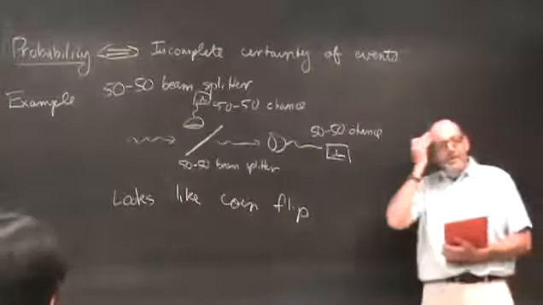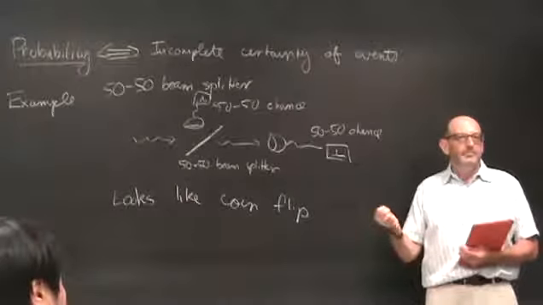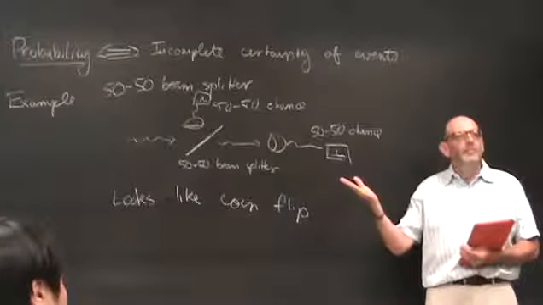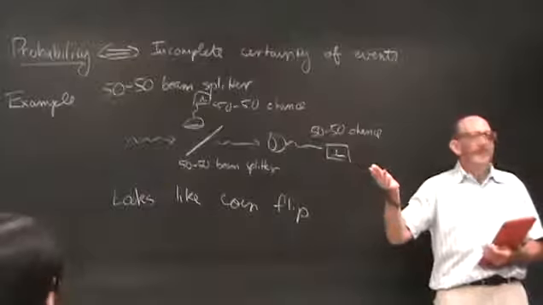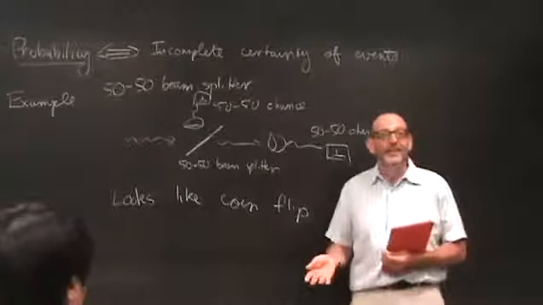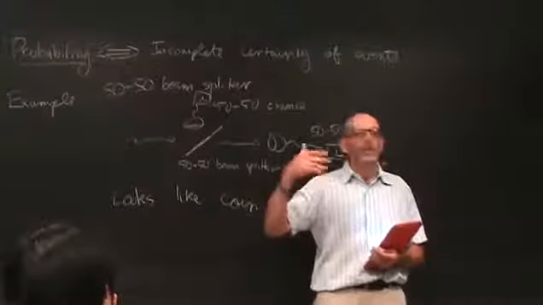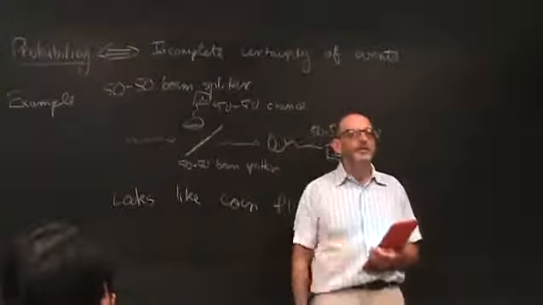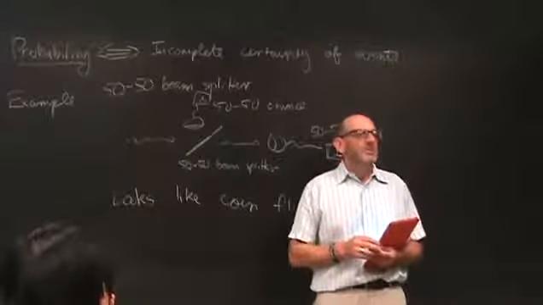Why do we say that the coin flip is a fair coin? I mean, this is classical physics. If I flip a coin, I have Newton's laws. F equals ma works pretty darn well for the coin. Why do I not know whether it's going to come up heads or tails? Initial conditions, you don't know those?